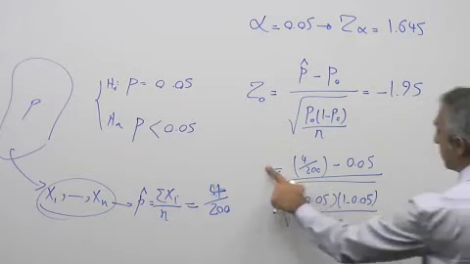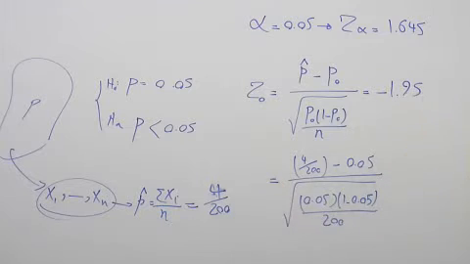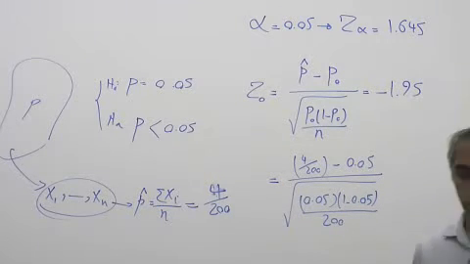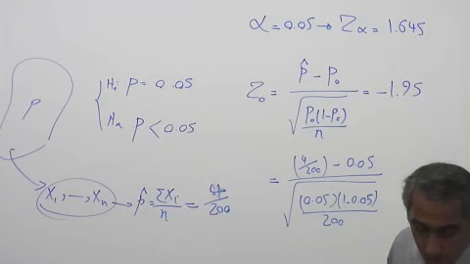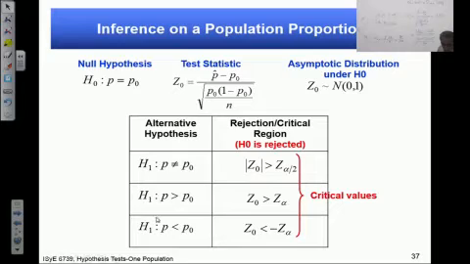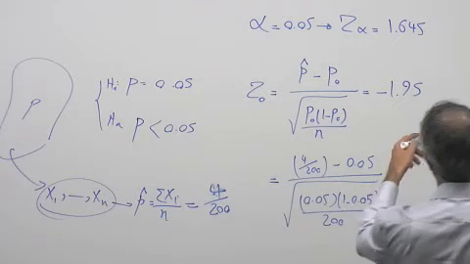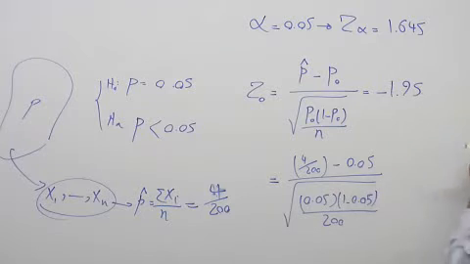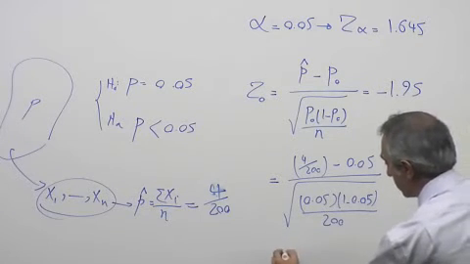Okay? So what is the critical region for this type of hypothesis testing? Because it's one-sided, if I go back, you can see Z0 is less than minus Z alpha. So your Z0 is this guy. Let me write it down here.